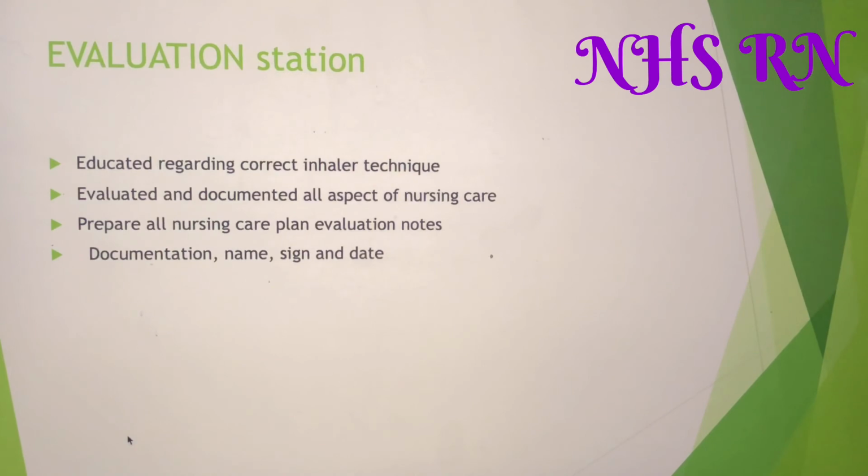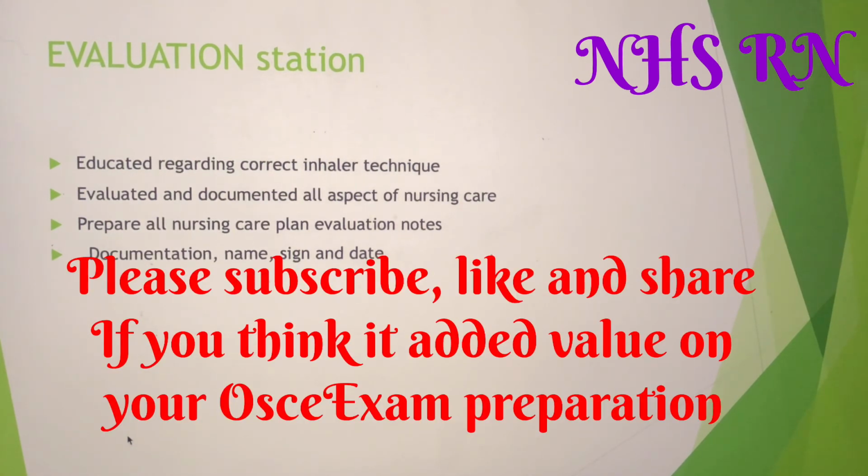Then prepare all your nursing care plan evaluation. In that station you're going to get everything: your assessment paper, your care plan, your implementation, then your evaluation chart. All the charts you will get there.